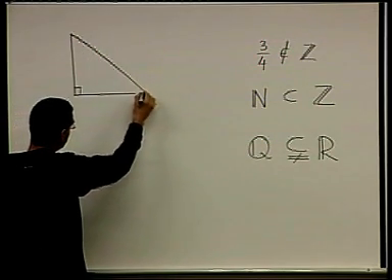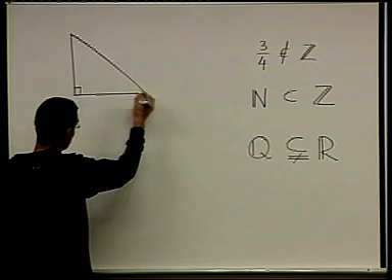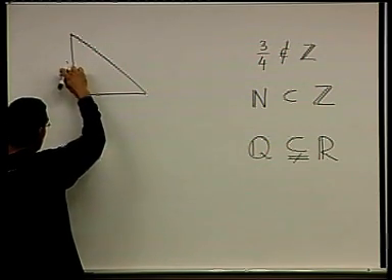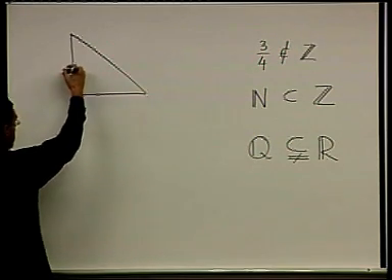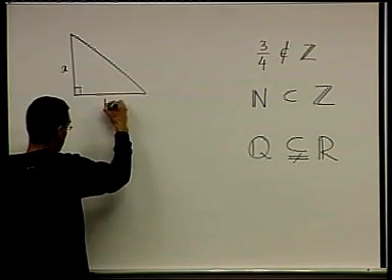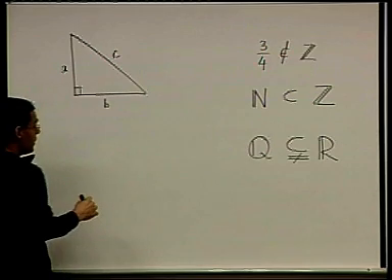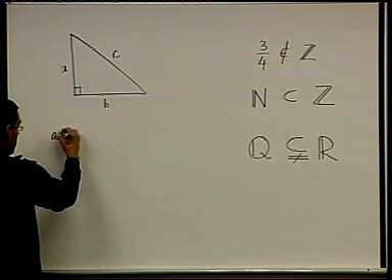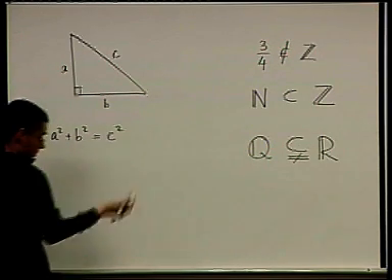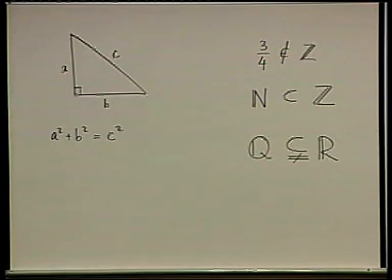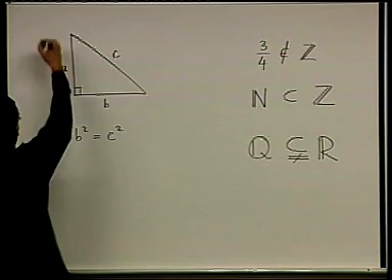Then, okay, so let's call this A, B, and C. What did Pythagoras say? Right. So Pythagoras said that if this is A, this is B, and this is C, then A squared plus B squared equals C squared. Right? So this is Pythagoras.